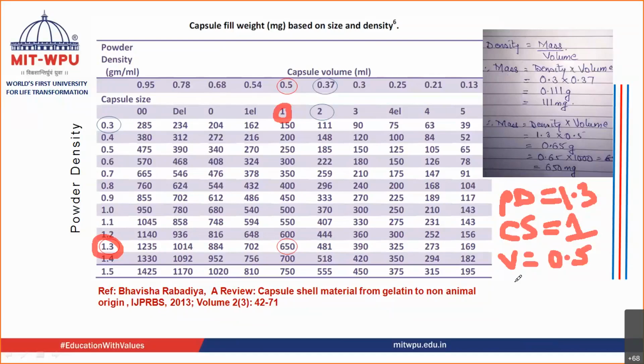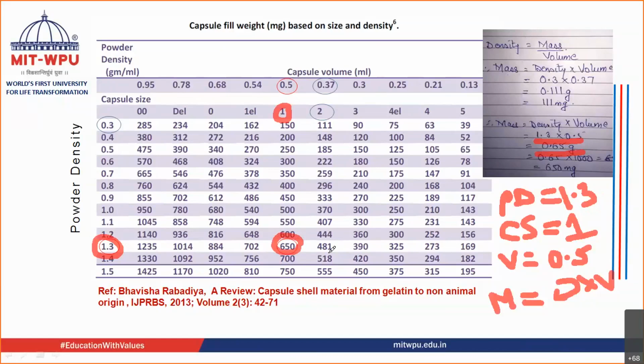So it is easier for you to understand. The volume is 0.5, and the density is this much. How much gram can be filled into it? Mass is equal to density into volume. So it is 1.3 into 0.5. Density is 1.3, volume is 0.5 because the capsule size is 1. So it comes to 0.65 grams, and 0.65 gram is nothing but 650 milligram.